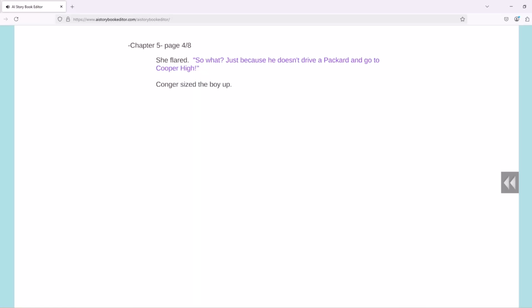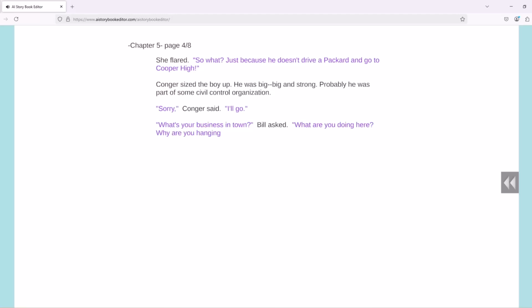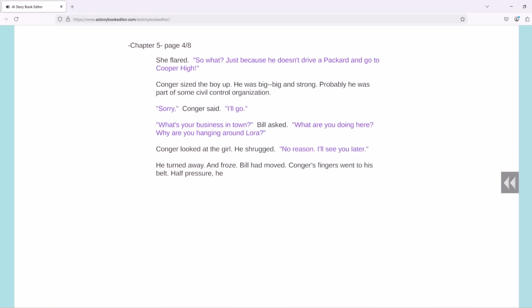Conger sized the boy up. He was big and strong. Probably he was part of some civil control organization. "Sorry," Conger said. "I'll go." "What's your business in town?" Bill asked. "What are you doing here? Why are you hanging around Laura?" Conger looked at the girl. He shrugged. "No reason. I'll see you later." He turned away and froze. Bill had moved. Conger's fingers went to his belt. "Half pressure," he whispered to himself. "No more.